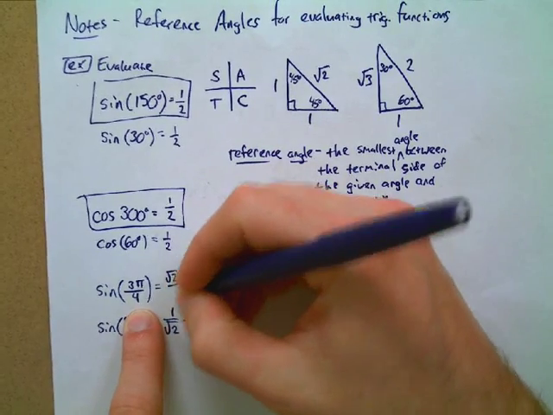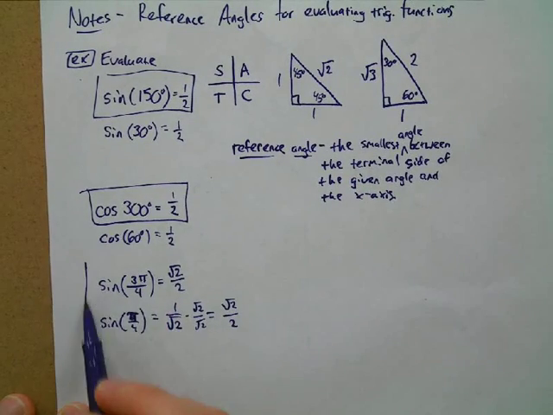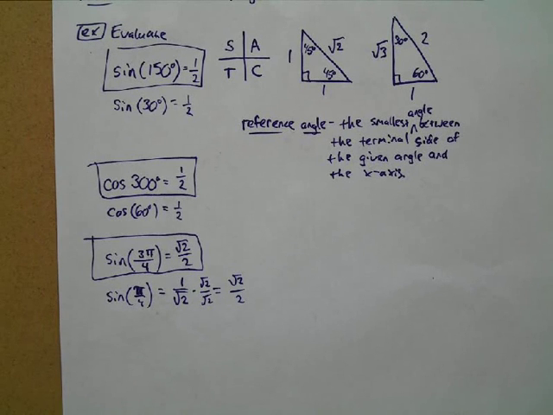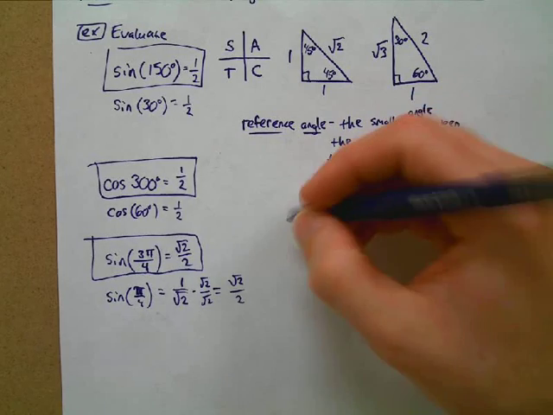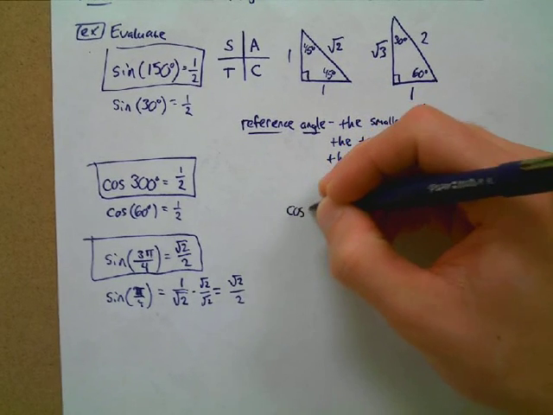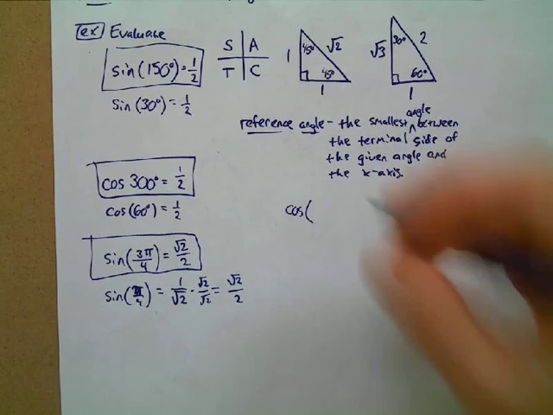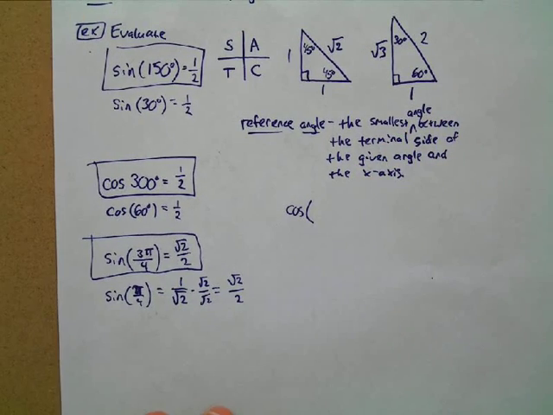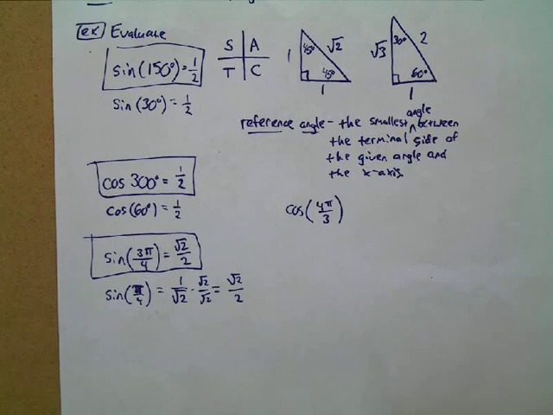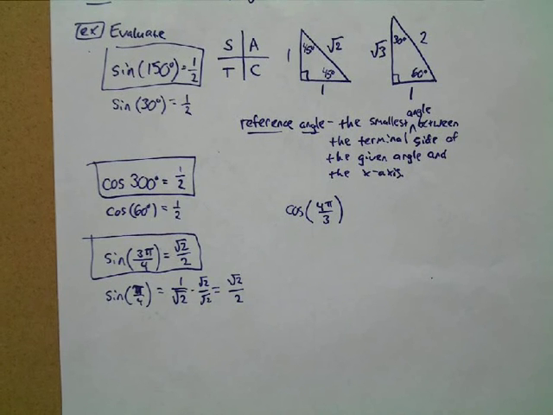Let's try another one. Cosine of 4 pi over 3. What's the reference angle here going to be? Pi over 3, right? Again, with radians it's easy. You just eliminate the numerator number. So cosine of 4 pi over 3 is similar to evaluating pi over 3.